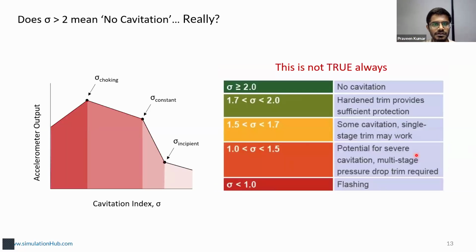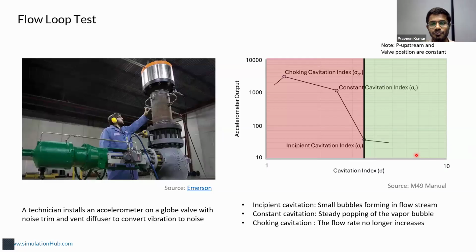Okay, so we have brought some cases. I said that the higher the sigma value, the better. That's what I said, right? But please note that I am talking about sigma. When I compare two designs, should I compare the cavitation index or the incipient cavitation index?